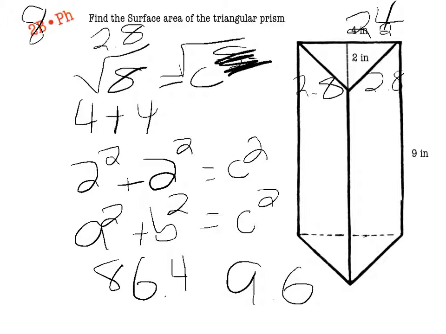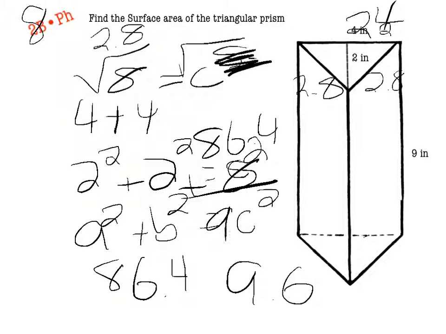So our final answer would be 86.4 plus 8, which would equal 94.4. Therefore, our final answer would be 94.4 inches squared.